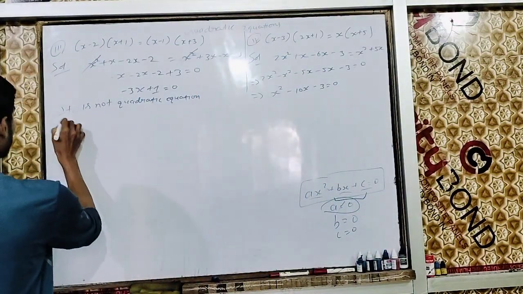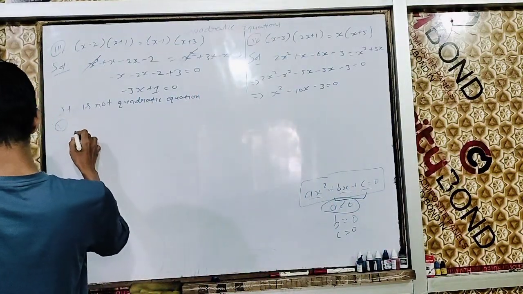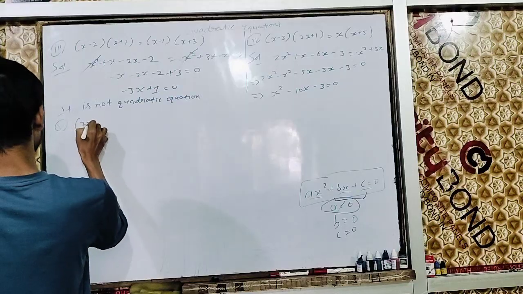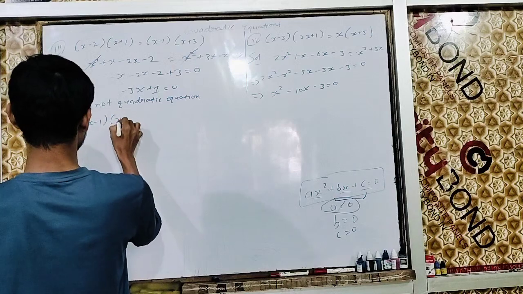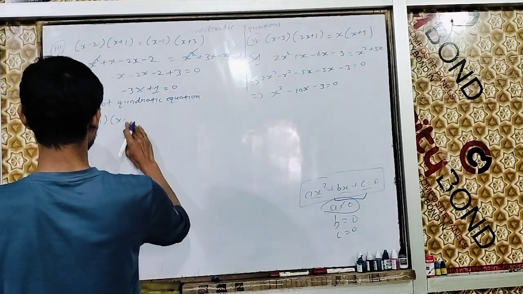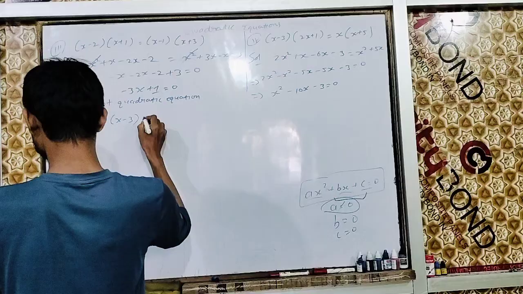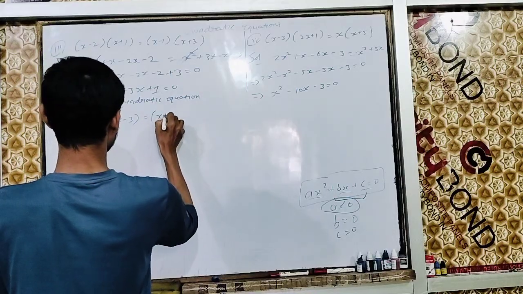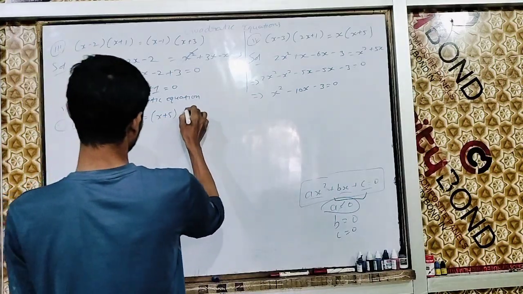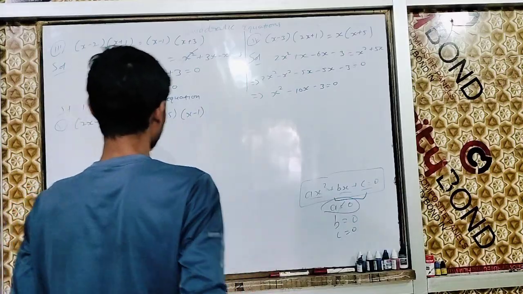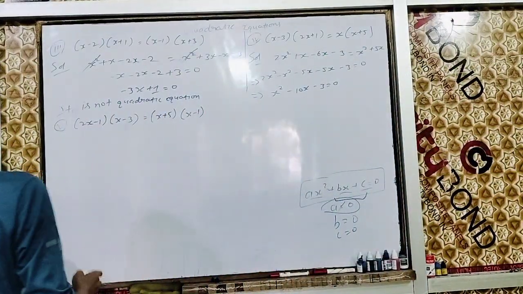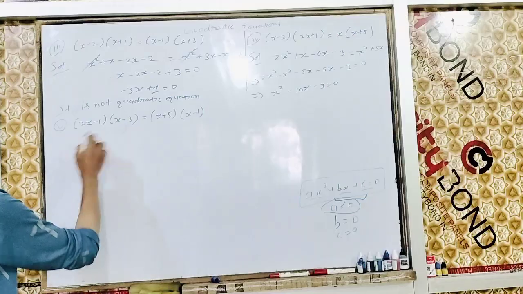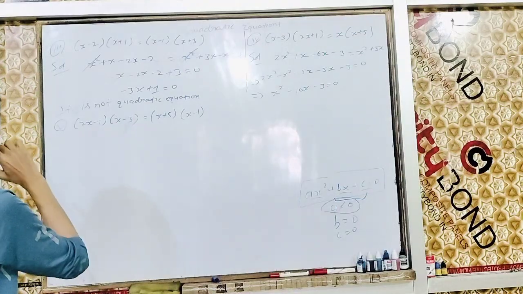This is the next question. Look at here. We will have to multiply this term with these two terms, then this term with these two terms.